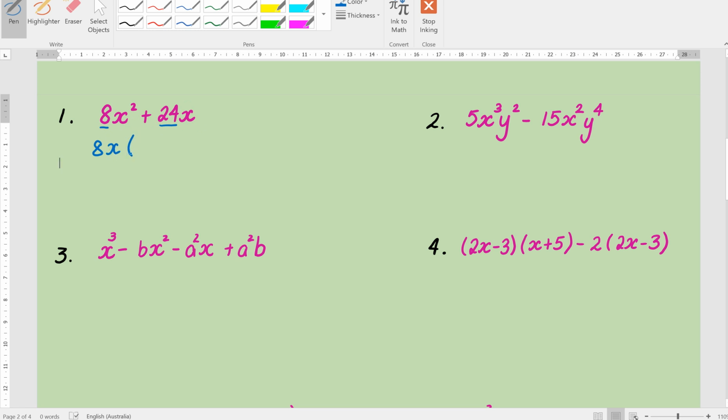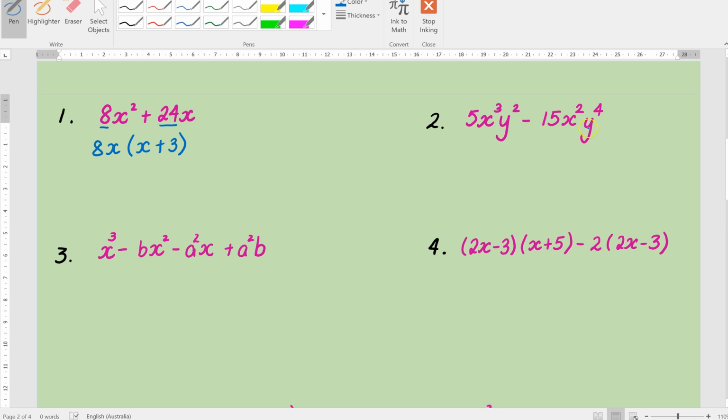So this is now where it depends on how you look at it. You can either divide each term by 8x. I like to think 8x times what gives me 8x squared. So I know that has to be x. Double check, 8x times x, yes, gives me 8x squared. And 8x times what gives me 24x, that has to be 3. And that's that expression factorized.